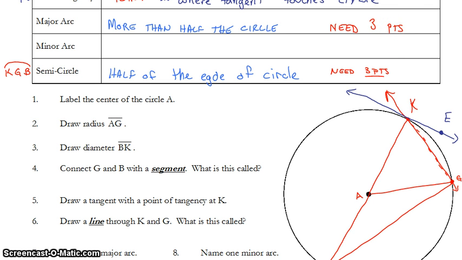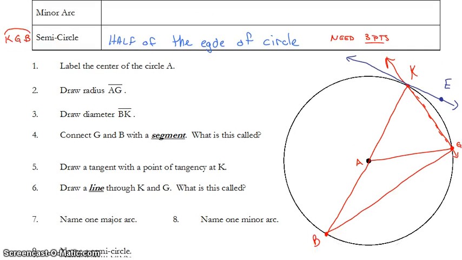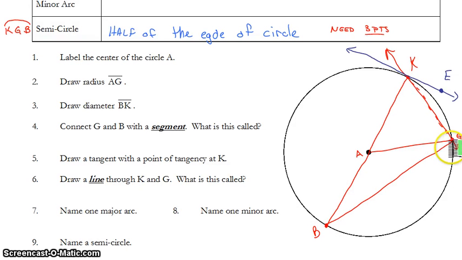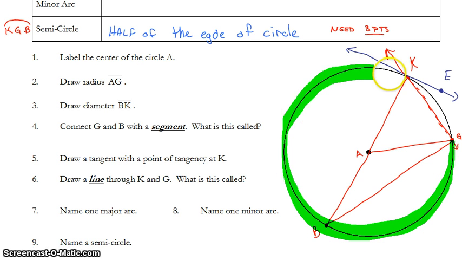So, looking back at my circle, an example. What if I don't start at K and go to B, but I start at G, and I go through B all the way back around to K? That's more than half of my circle. I'm talking about that edge.